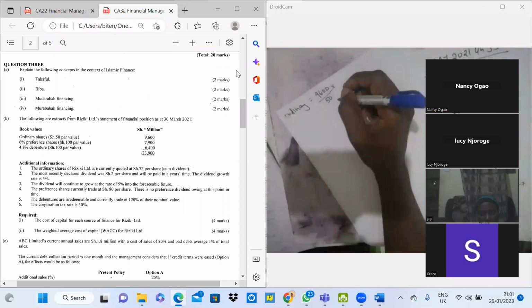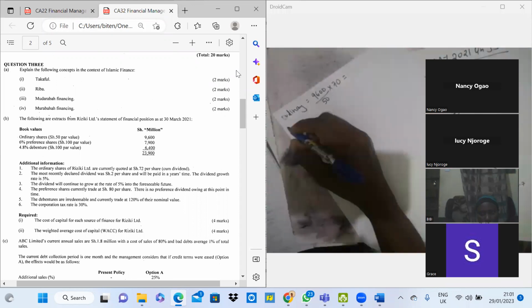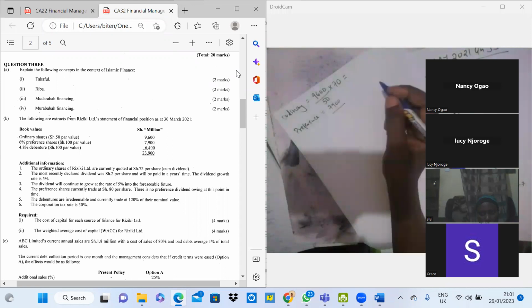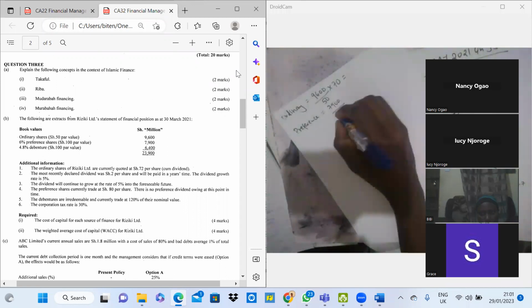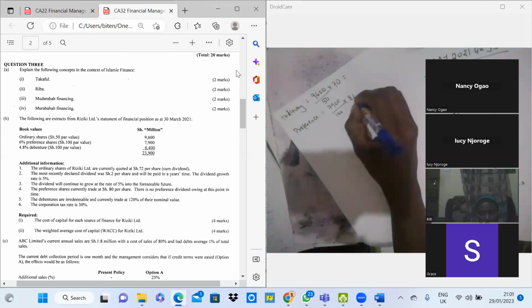So the market value is 72 minus that. And then we take the preference shares. We take 7,900. We divide by the par value, which is 100, times the market value. We are trading at 80.